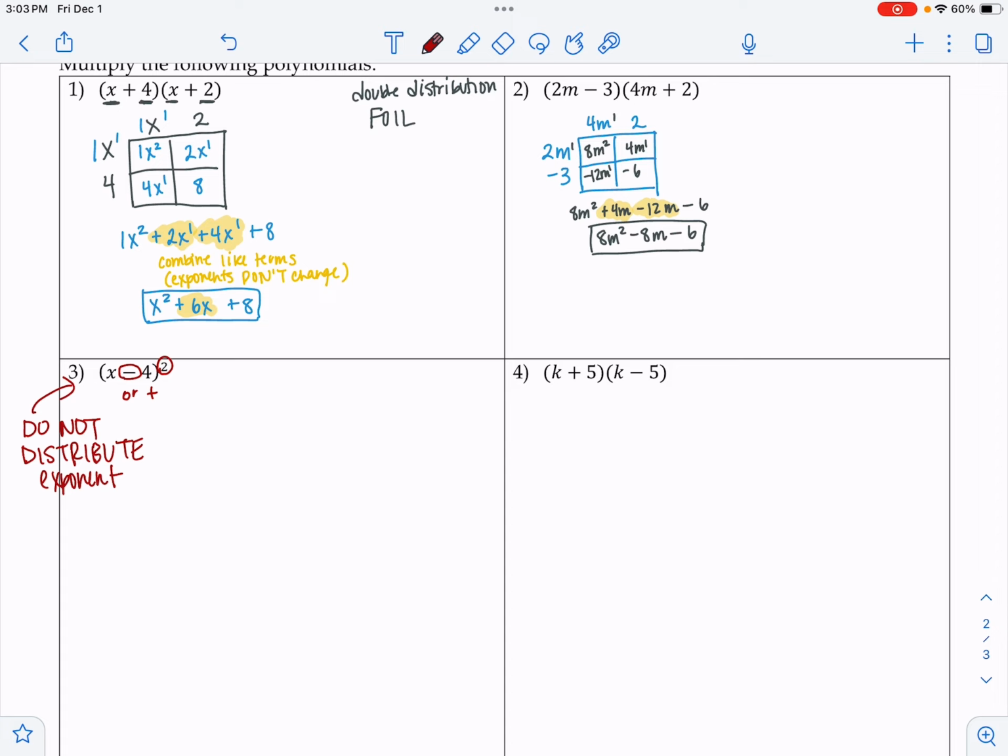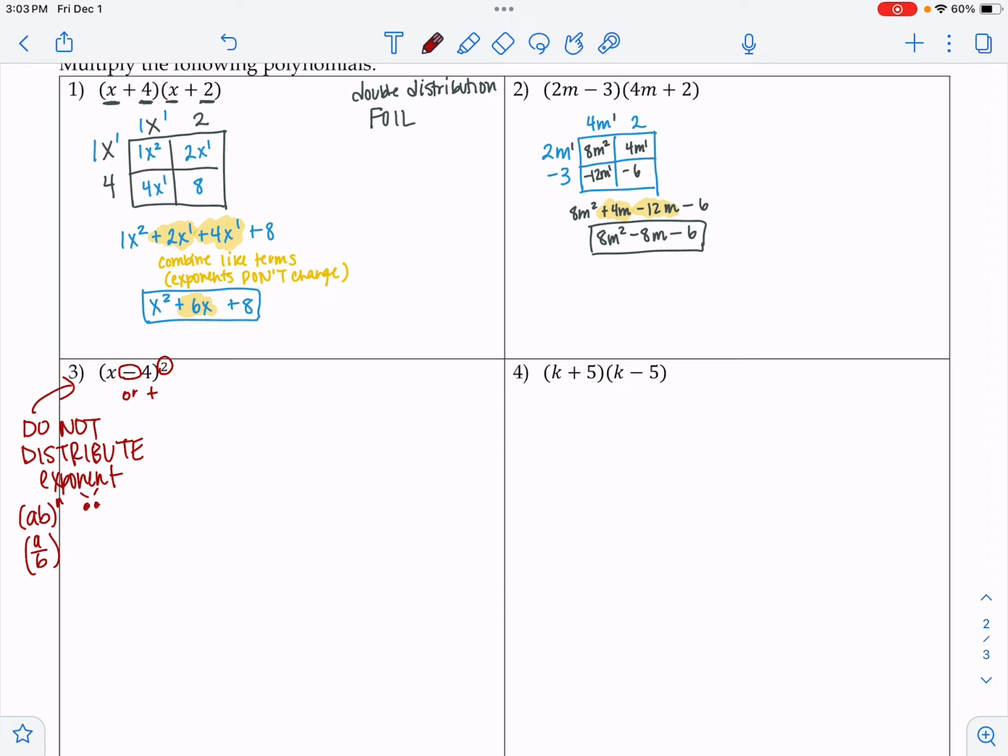You can only distribute the exponent if you are multiplying or dividing. If you are subtracting or adding, you cannot distribute.